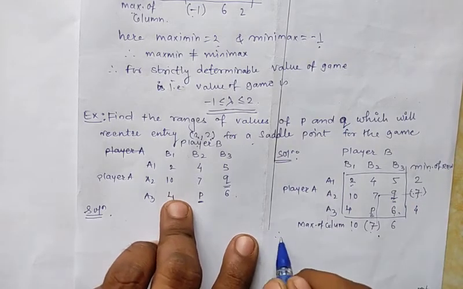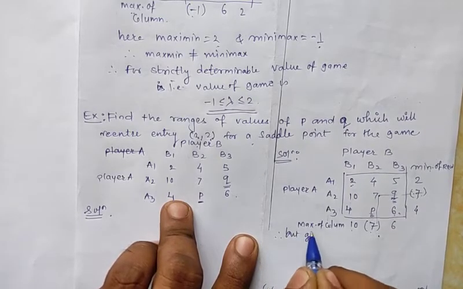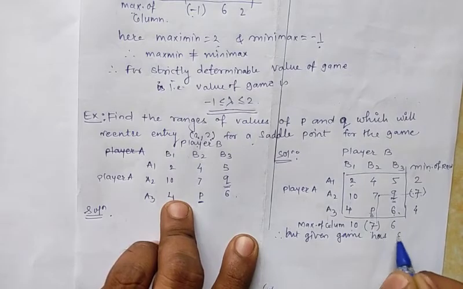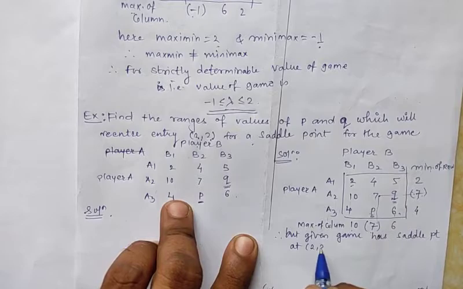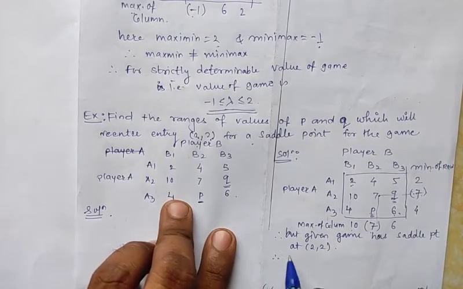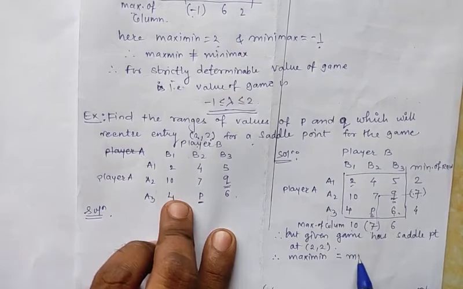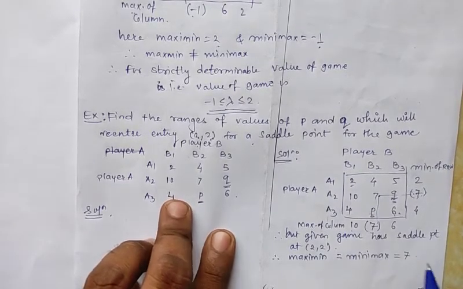Therefore the given game has saddle point at position (2,2). Therefore maxmin value is equal to minimax value, which is always 7.